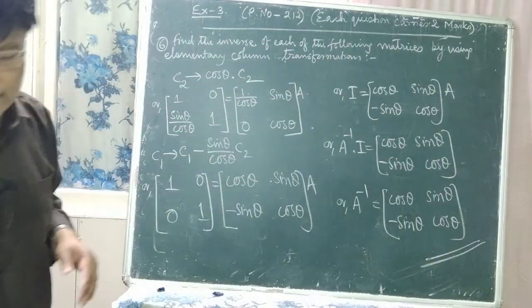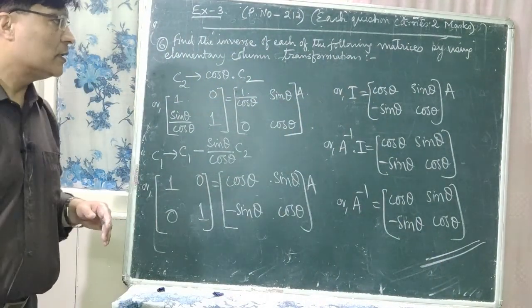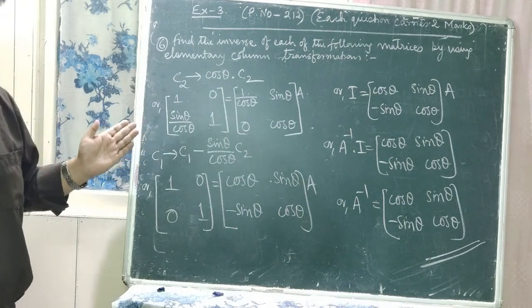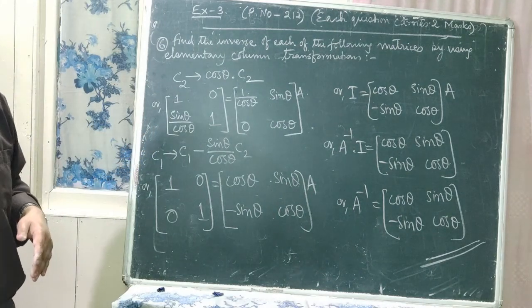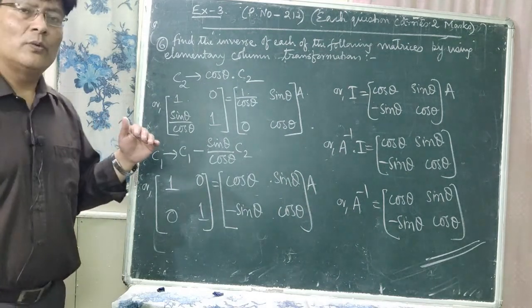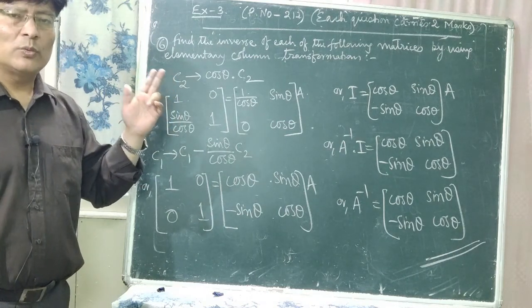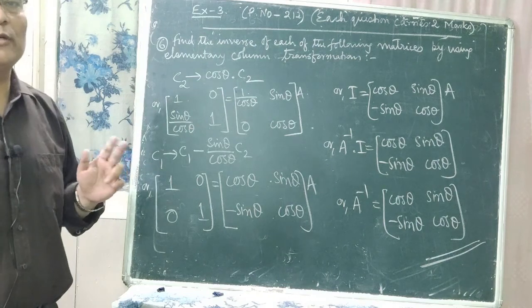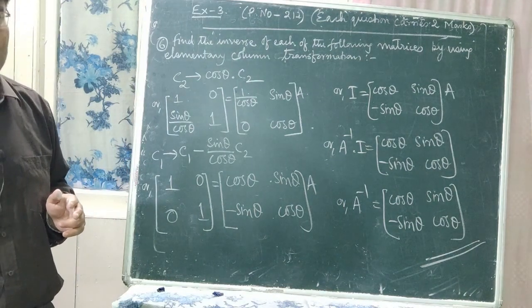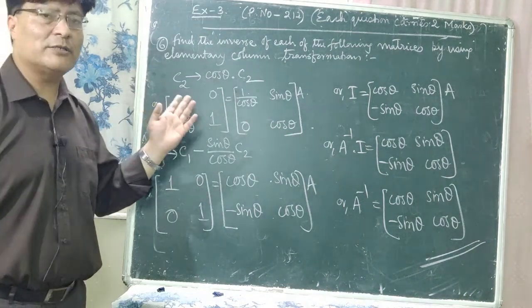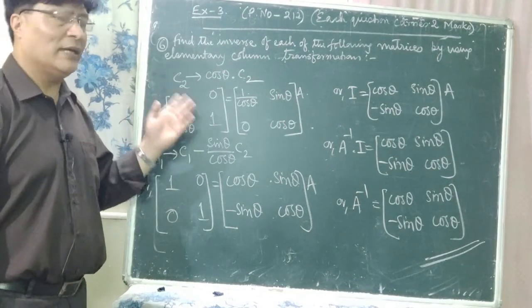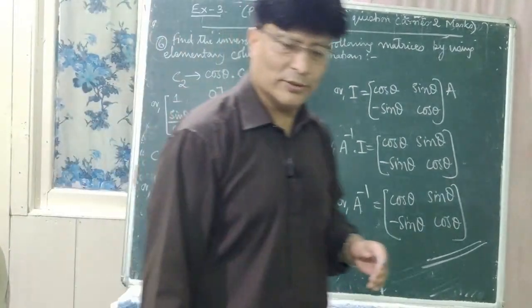So this is the final answer. So I think you have understood it. Okay, so we'll do the next problem. Now we will find the inverse of the given matrices of order 3 by 3, using elementary row transformation and using elementary column transformation. Okay.